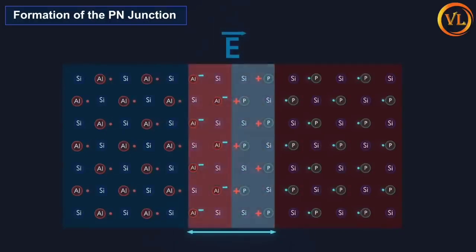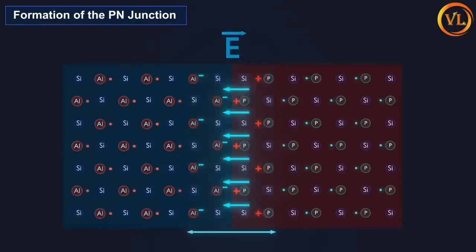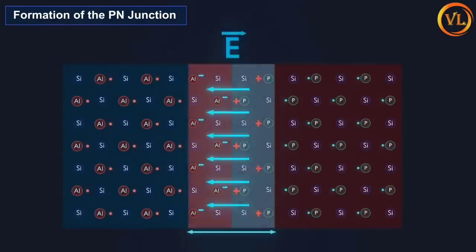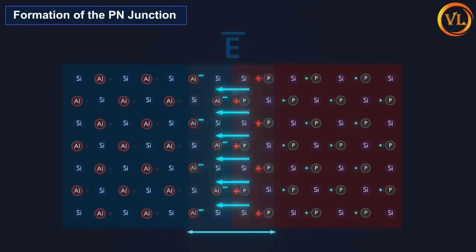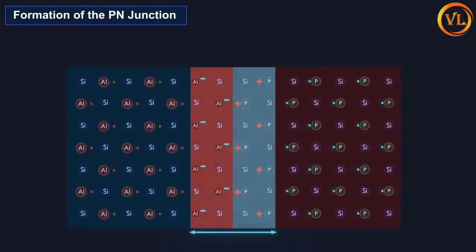So across this line, electrons move from the n-type semiconductor to the p-type semiconductor, and holes move from the p-type semiconductor to the n-type semiconductor.